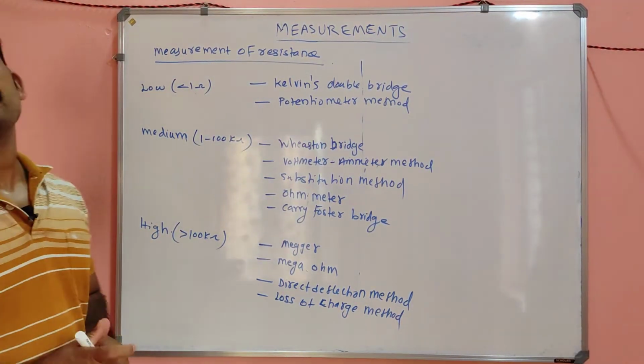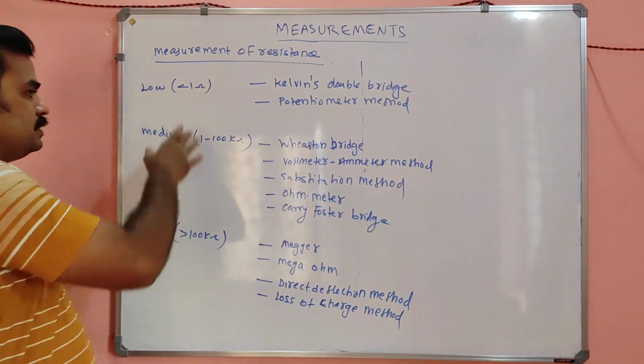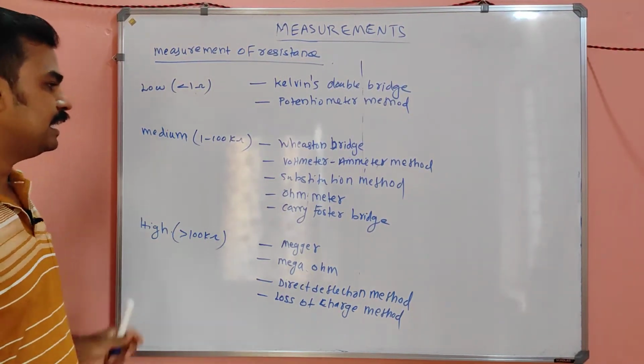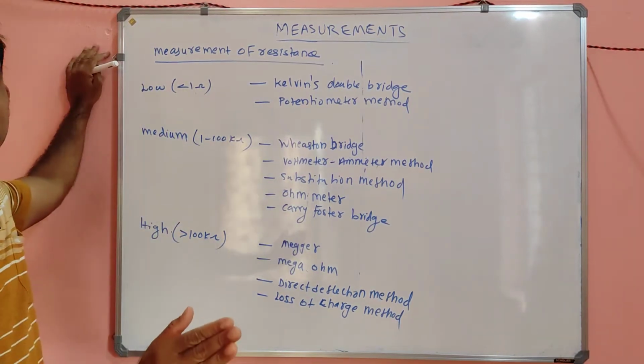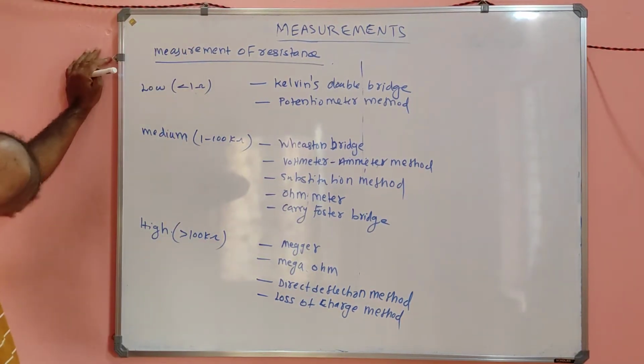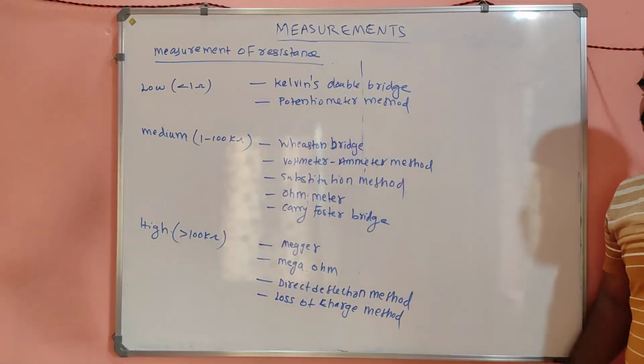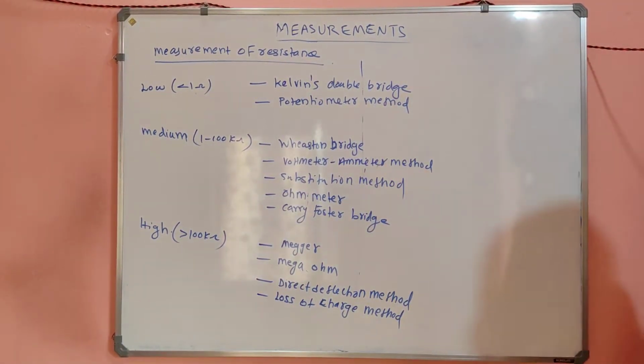A 1 mark question is there, sure, from just these things. You should have a clear idea of what the bridges are and what the purpose of those bridges or instruments is. Just learn this by heart, definitely you will get 1 mark.